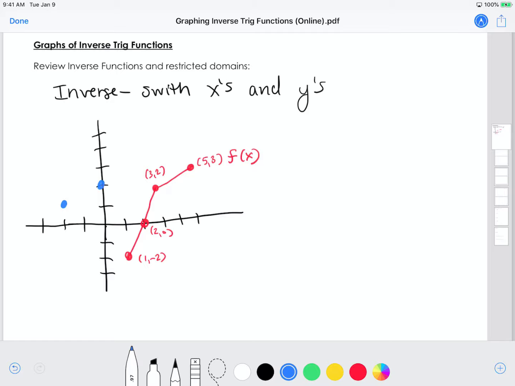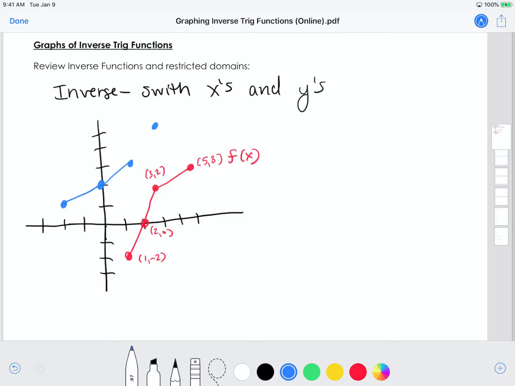On the graph of f of x, I have the point 3, 2, which means on the graph of the inverse, I would have the point 2, 3. And the last point we're going to plot, on the graph of f of x, we have the point 5, 3, which means on the inverse, I would have the point 3, 5.